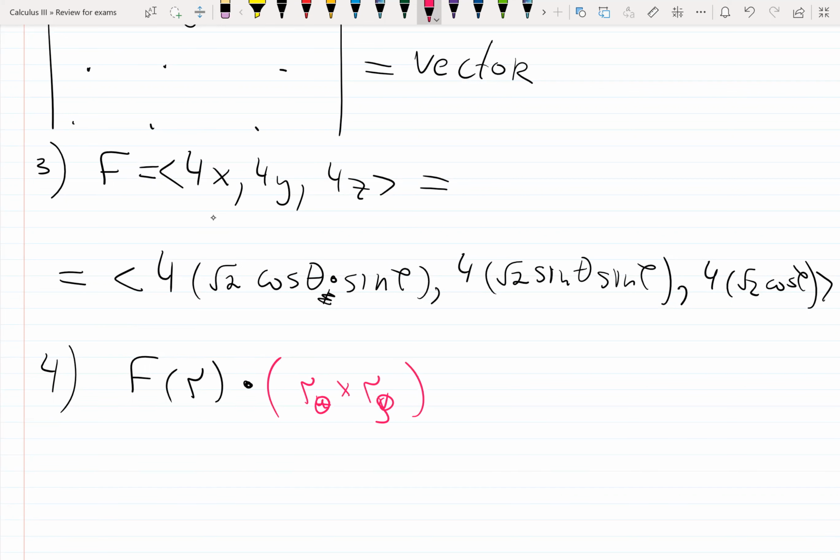The result will not be a vector anymore. It's a scalar product. And then you integrate that function. So the result of that product is you multiply corresponding components and add them together.